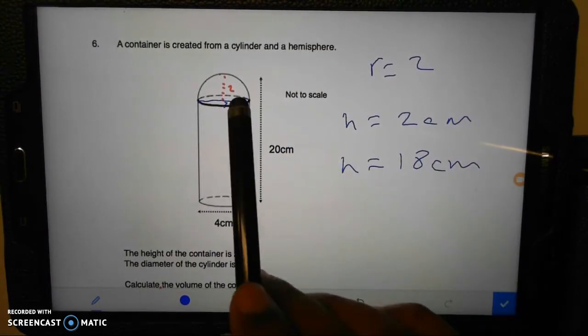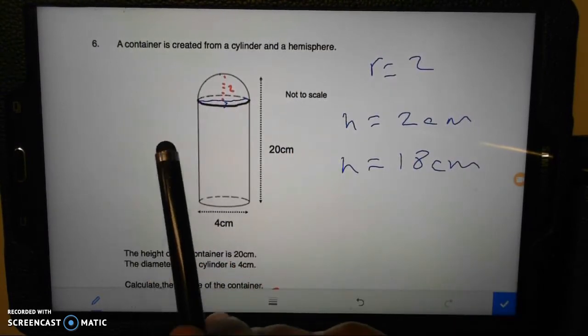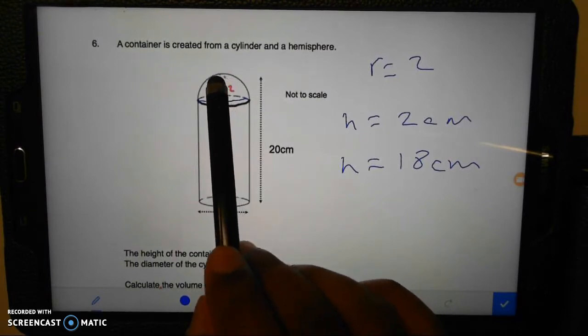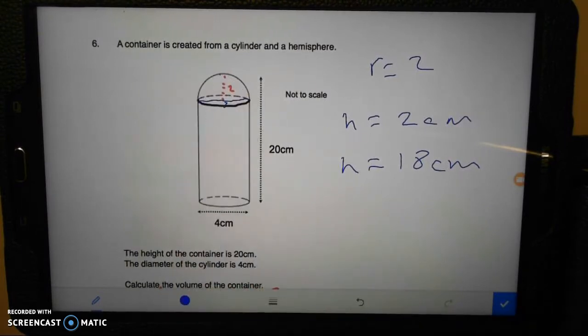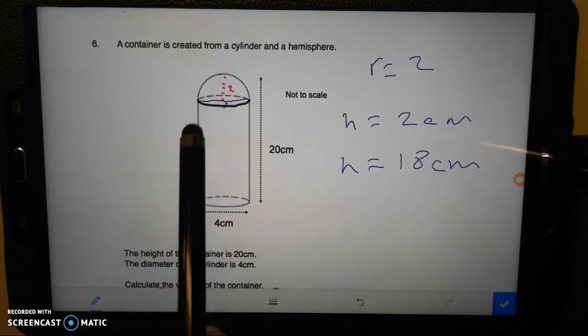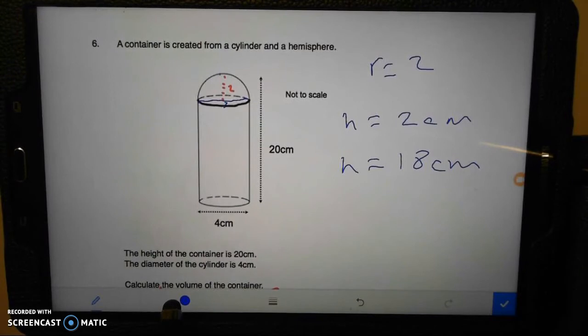So one more time. This is the hemisphere. On the hemisphere, from the center to any of its edges will be the same as its radius. So from the center to its circumference will always be the same distance, which in this case will be 2 centimeters, because the diameter was 4.